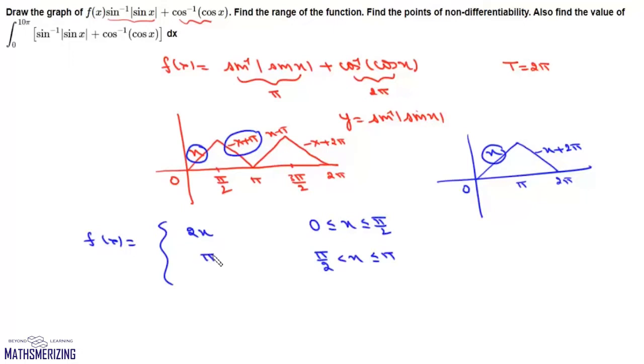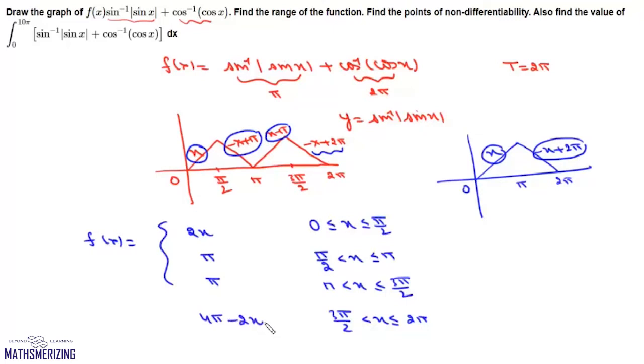So we'll add them, we get this as π. Between π and 3π/2, the definition here is x − π, and here it is −x + 2π. So we'll add them, we'll again get this value as π. Then between 3π/2 and 2π, this is −x + 2π, and it is also −x + 2π, so it will be 4π − 2x.